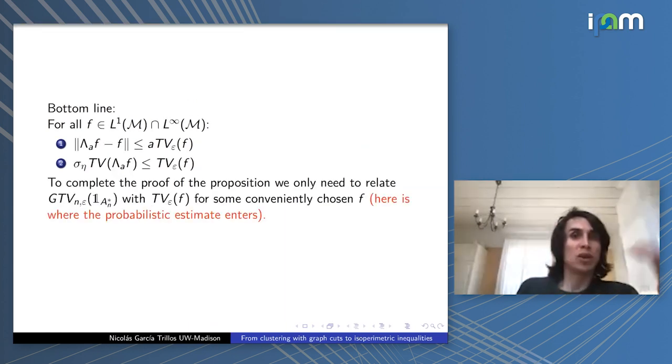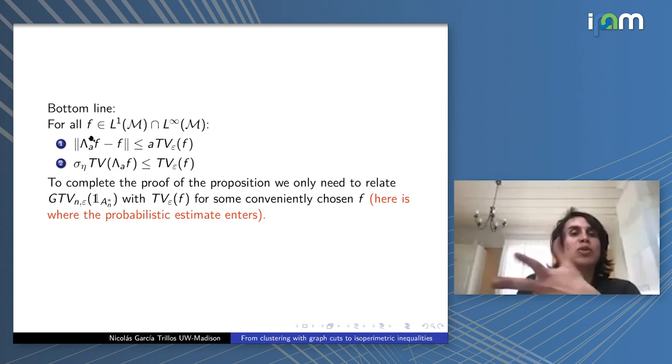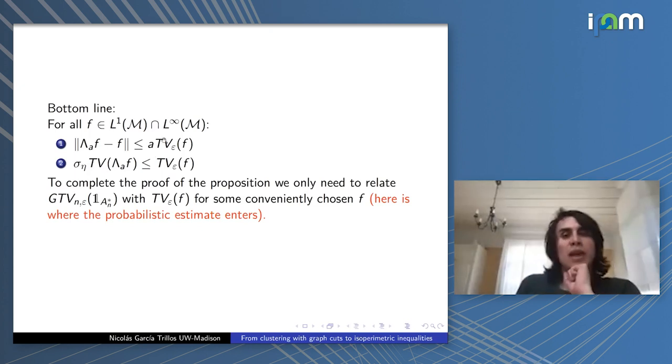And so with all those properties, one can get estimates like this: basically, for all functions, if you do a convolution of a function and then compare with the original function, the difference between those two things is controlled essentially by the size that you use to convolve, and also by the non-local perimeter for f, or the non-local total variation for f.